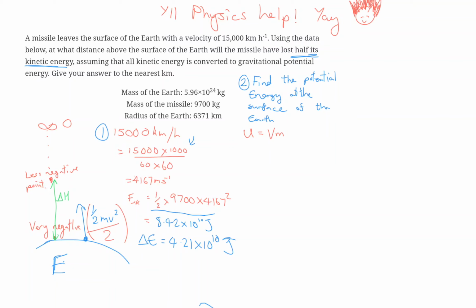So the potential energy is equal to G M upon R, that's V, and then we multiply it again by the mass of our object. The large M here is the mass of the Earth, the small m is the mass of our object. Now I've already plonked this into the calculator, and what we can find is that the potential energy at the surface is 6.05 times 10 to the 11.